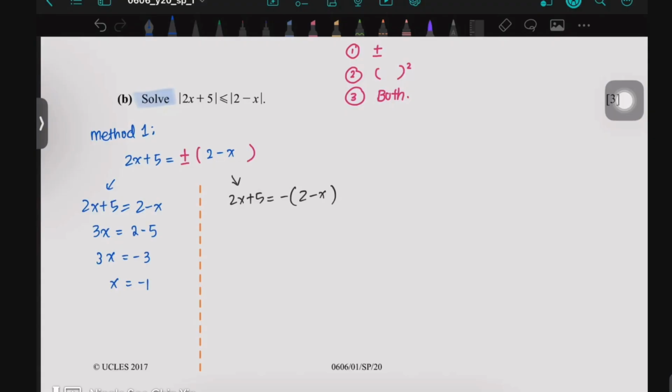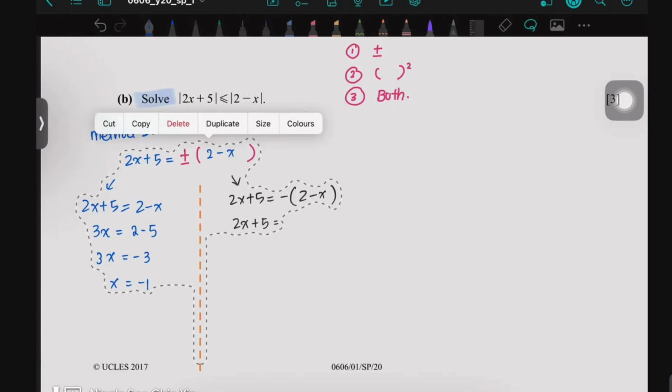Okay, this just finds the value. So second method, we will use 2x plus 5 equals, sorry, this is inequalities, so I have to change a bit. It's not equals to 0.